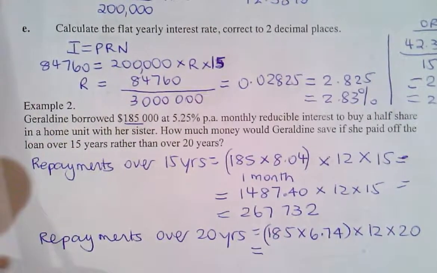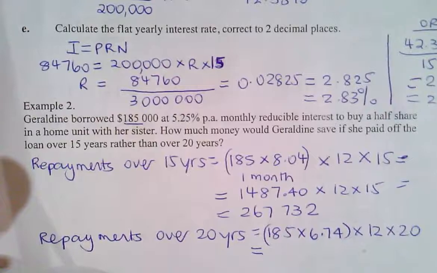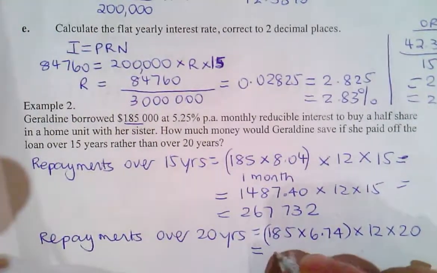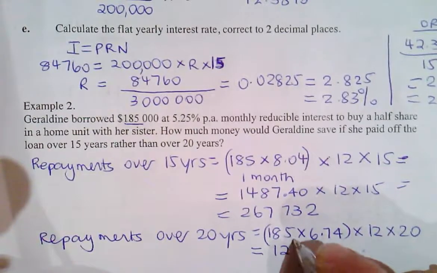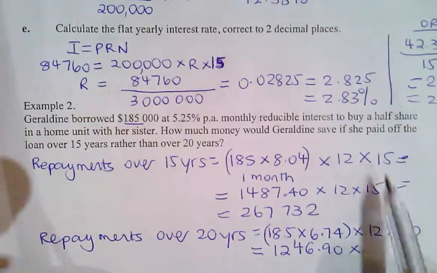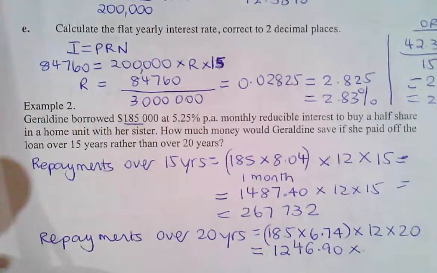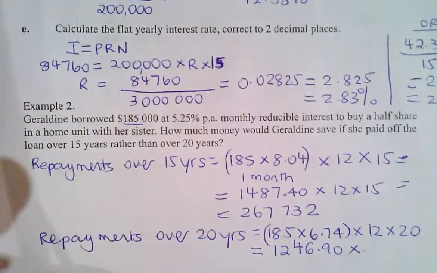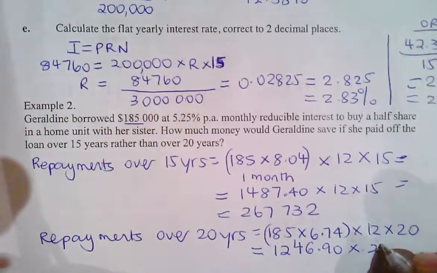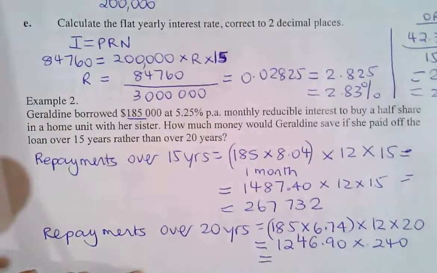So it's 185 times 6.74. So the monthly repayment is less. It's $1,246.90. But instead of 15 times 12, in the above case was 180 months, we've actually got 12 times 20. 20 years is actually 240 months.